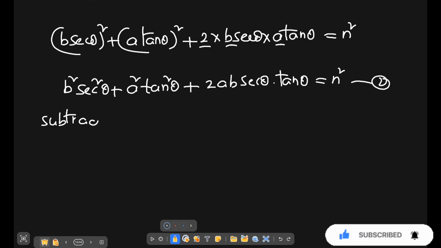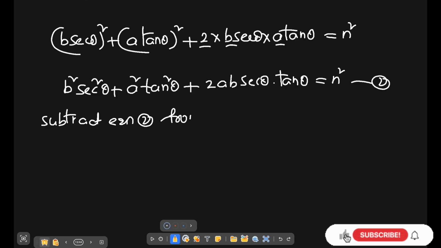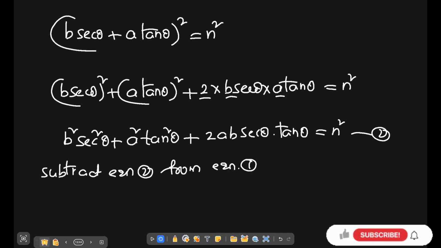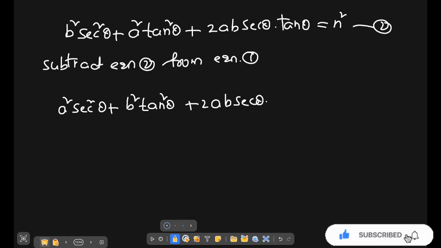Subtract equation 2 from equation 1. So what is equation 1? a square sec square theta plus b square tan square theta plus 2ab sec theta tan theta equals m square.